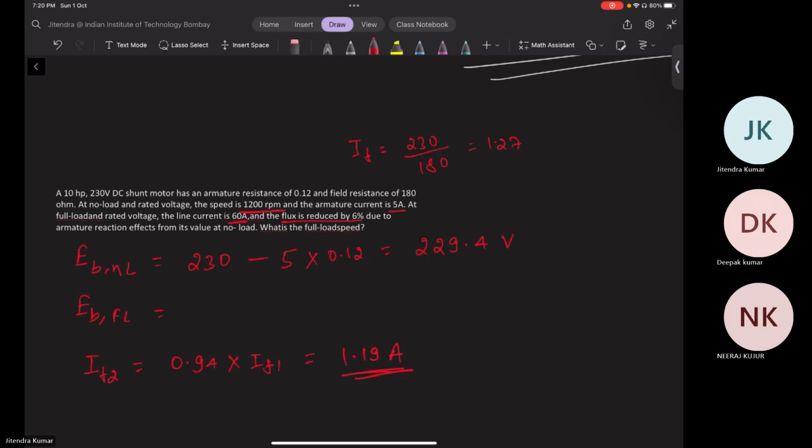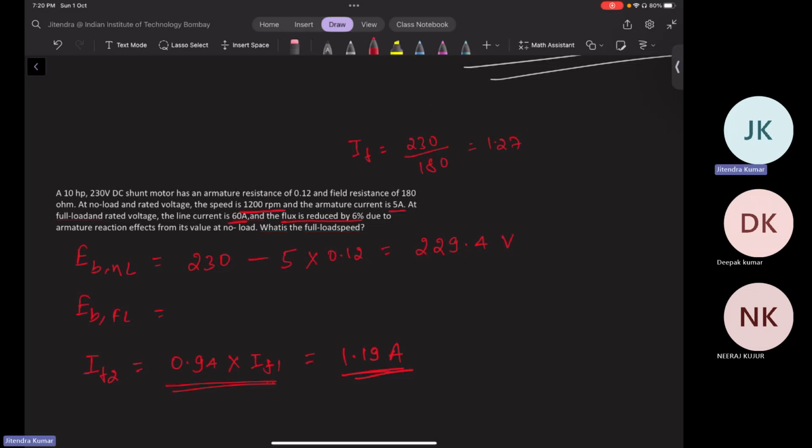Flux is reduced by 6% means our flux is 0.94 into the earlier flux. But we cannot say the same for field current. Yes, sir. Okay.